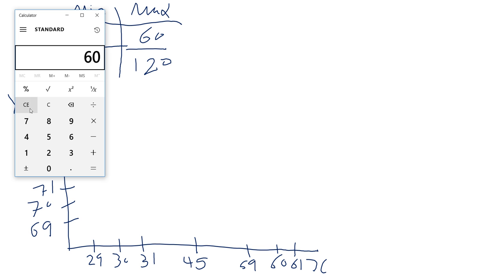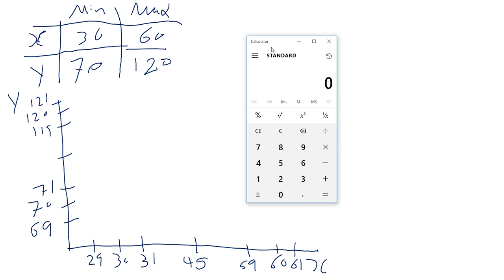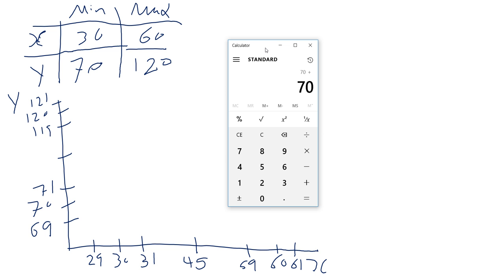Use calculator: 70 plus 120 equals, divided by 2 equals 95. 95.